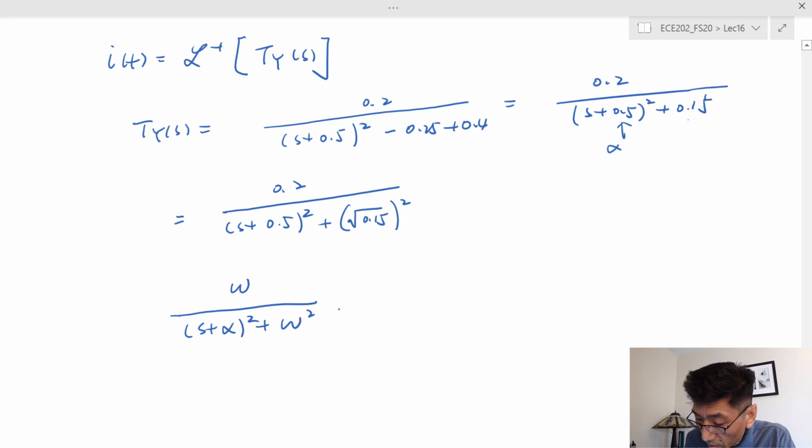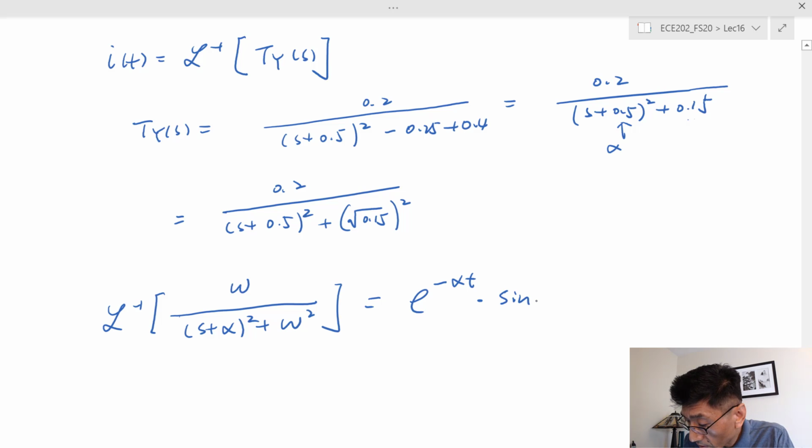And in this case, we have the Laplace transform pair of omega over S plus alpha squared plus omega squared. The inverse Laplace transform of this one is e to the minus alpha t times sine omega t.